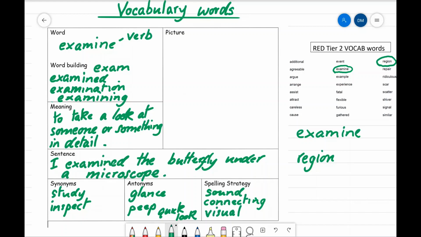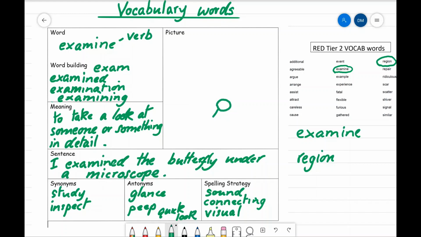Okay, there's spelling strategies. Time for a picture. Examine. Well, okay. I often use stick figures for this. This is a magnifying glass, or supposed to be.